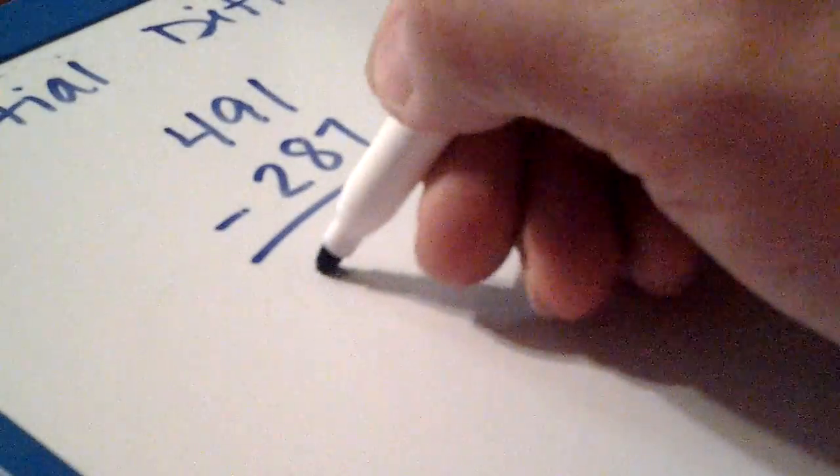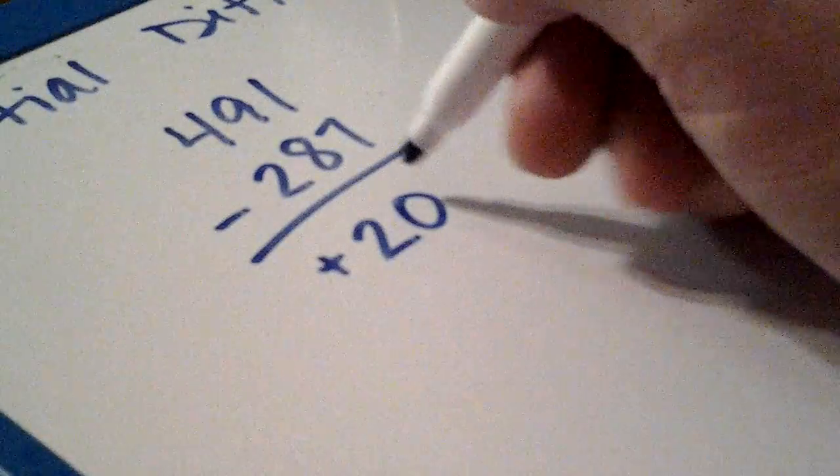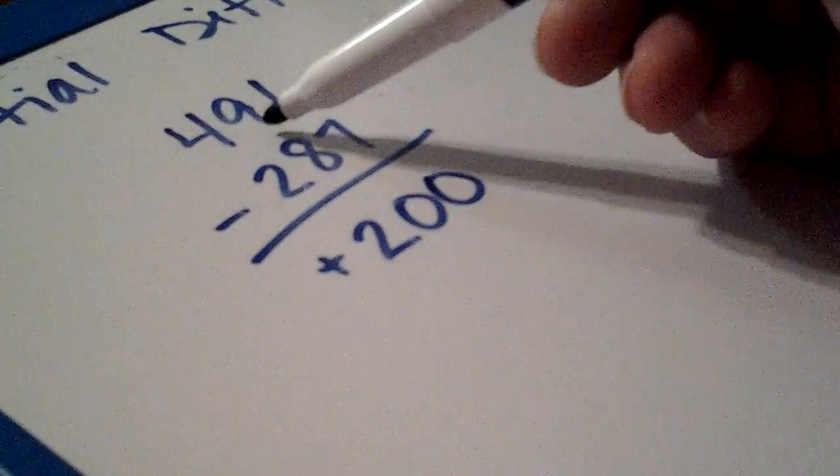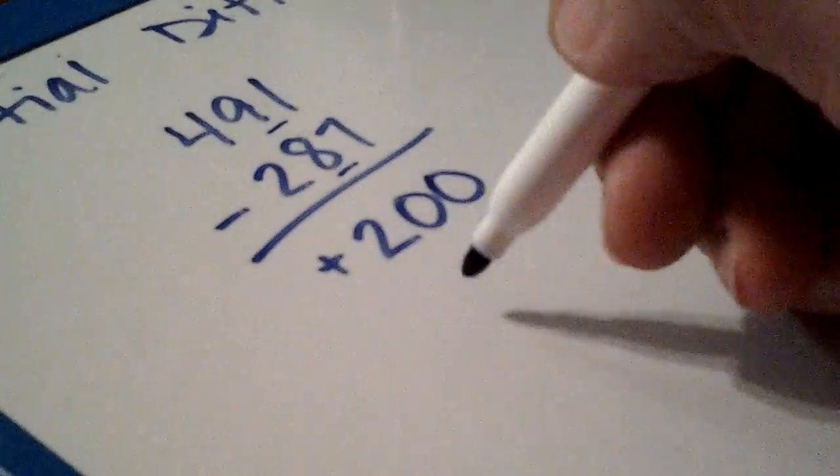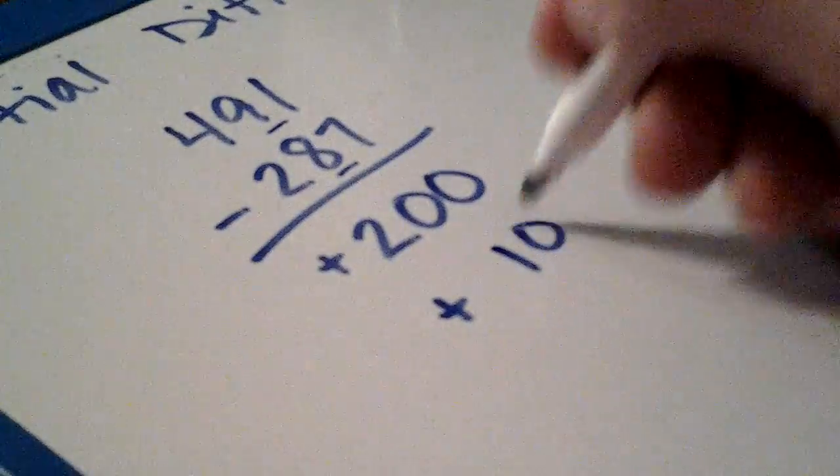I'll show you one more really quick for the partials. I have 491 minus 287. I look at my hundreds place first. So 400 minus 200 is a positive 200. 90 minus 80 is a positive 10.